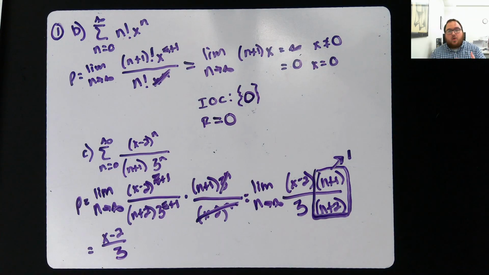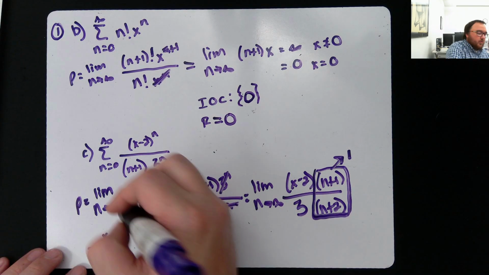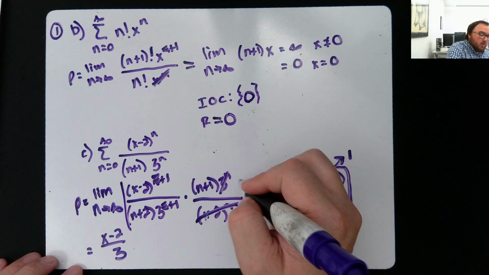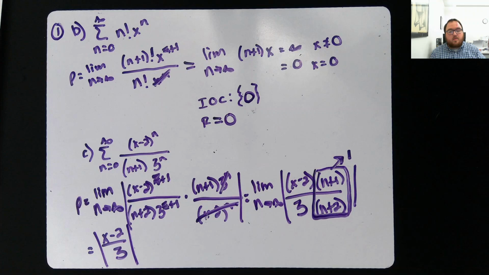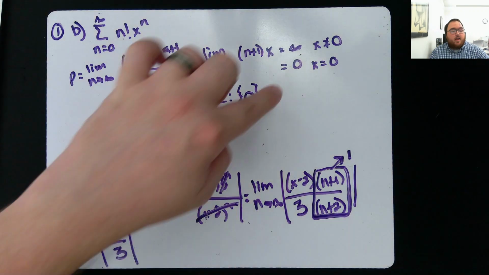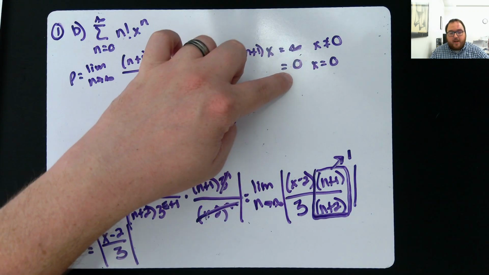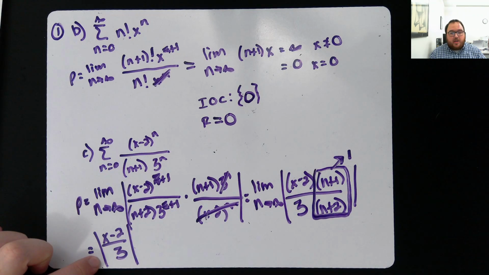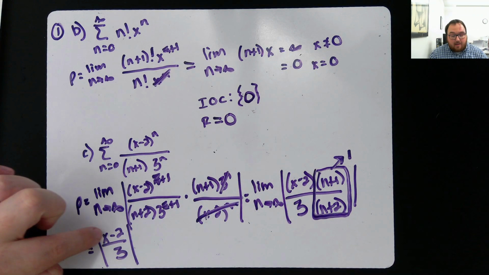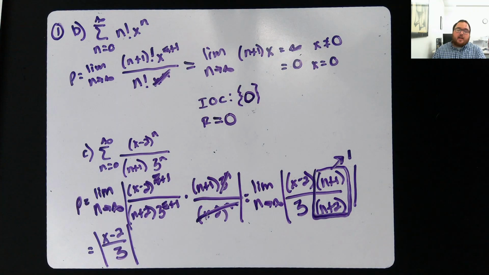But remember, the ratio test says that I have to do the absolute value of it. So make sure you're doing the absolute value the whole way through. Boom. And that's it. That's all that I've got. In the two I've done before, I got a value, right? So then I could just stop and I was good. I don't just get a value here. I get a number in terms of x, which means it's going to take a little bit more work on my part.